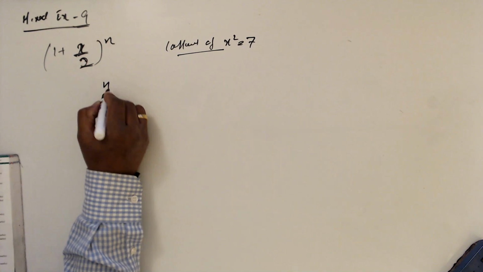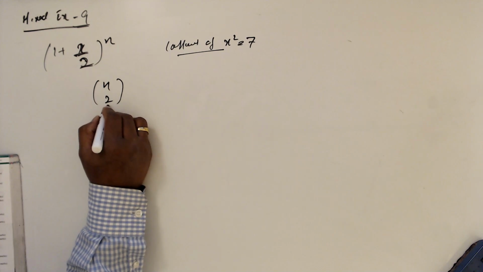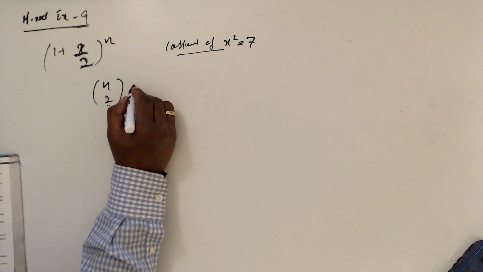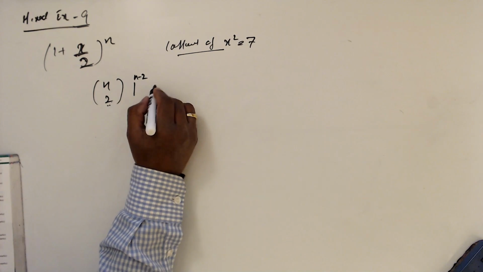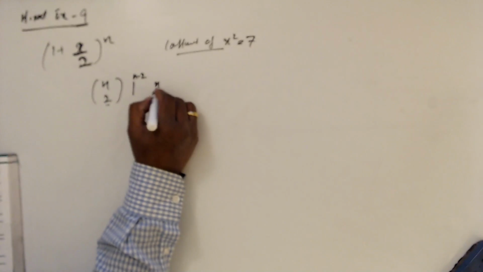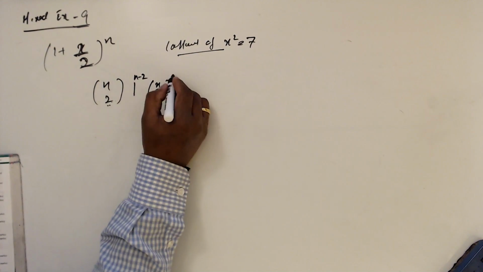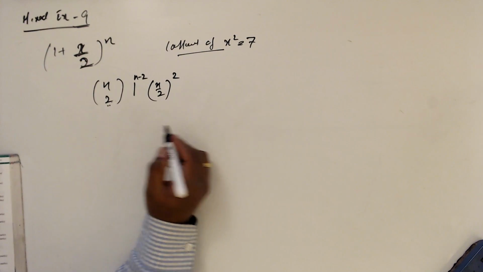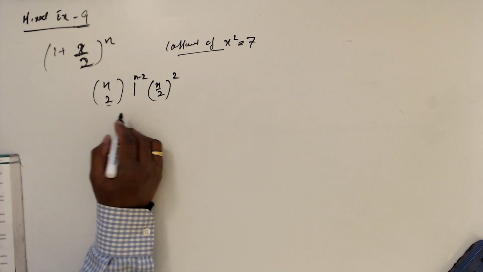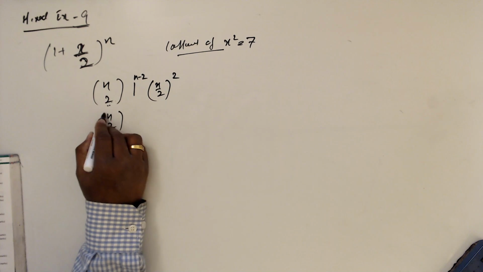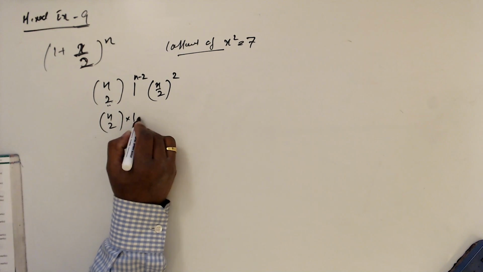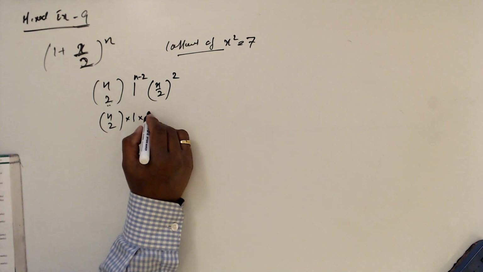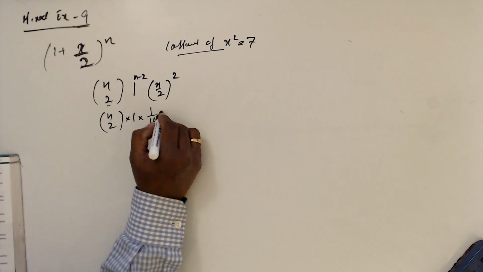So nC2, then 1 to the n − 2, and (x/2)². nC2 we'll discuss that one later. And 1 to the n − 2 is still 1. This is going to be 1 over 4 x².